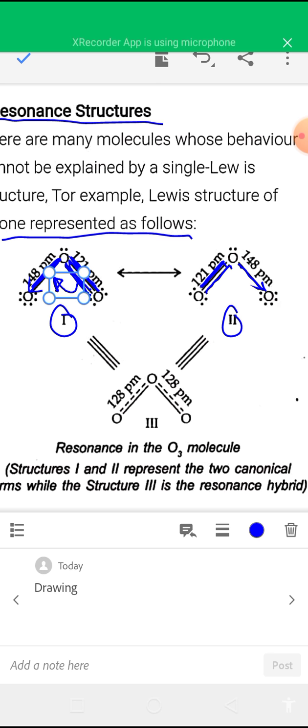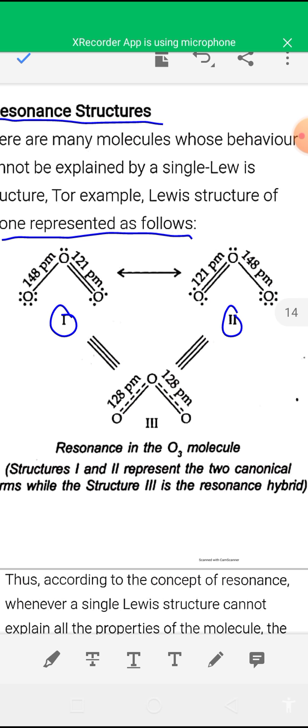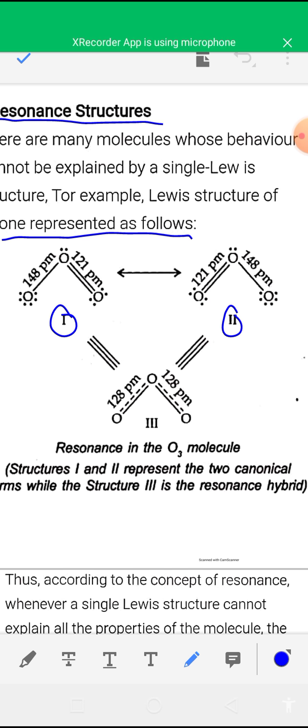Due to resonance, delocalization of the pi bond takes place between the oxygen atoms, so both these bonds are equivalent. Due to resonance, their bond lengths also become equal, and both oxygen bond lengths become 128 picometer.